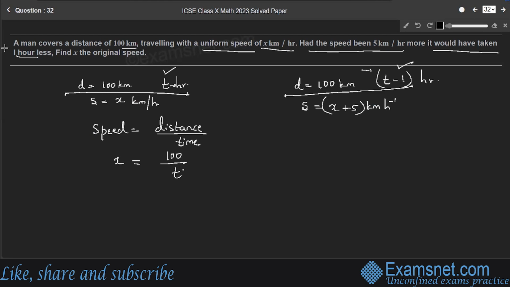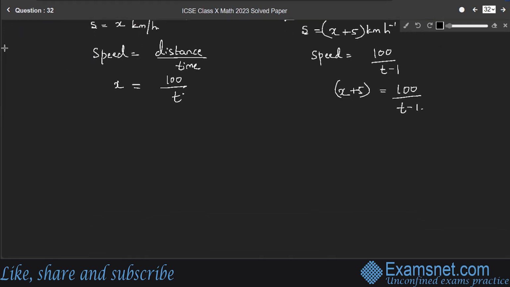So in this case, speed is again distance by time: x plus 5 is equal to 100 by t minus 1. Let us simplify this. We'll consider these two as equation 1 and 2.